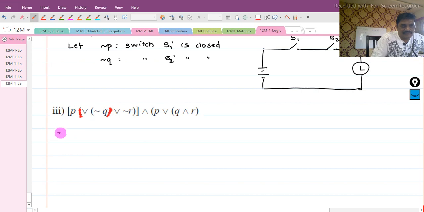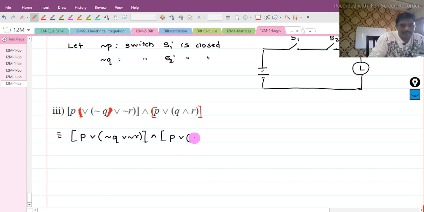You see, ये है P और negation Q और negation R and अब देखिए यहाँ पे ऐसा वाला ब्रैकेट चाहिए. तो शायद ओल्ड बुक्स में होगा ये प्रिंटिंग मिस्टेक, आपके बुक्स में नहीं होगा.